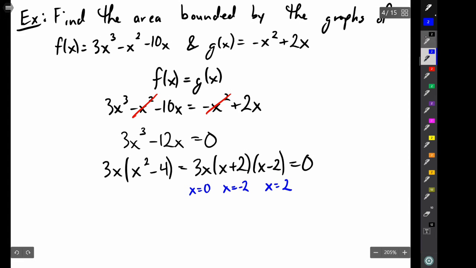Another way you can do this, if you can pick out the x values from the graph, is to plug those three x values into both functions and verify that you get the same output. Right? If that's the case, then you know they have to cross there.